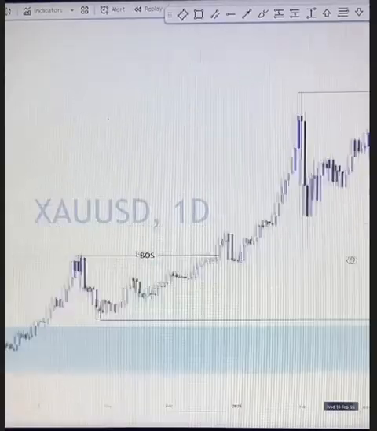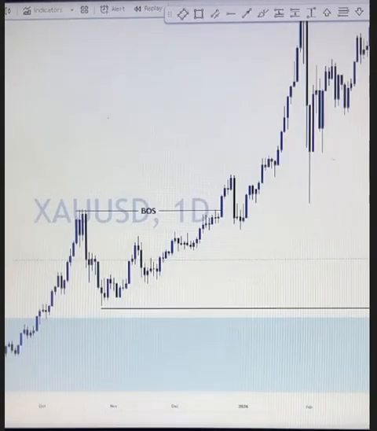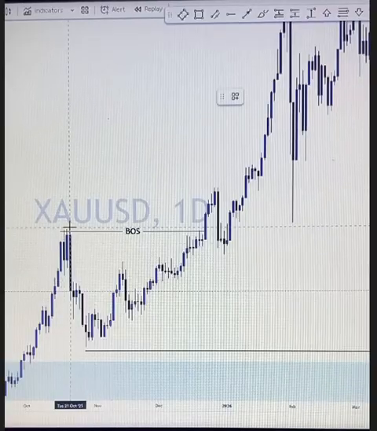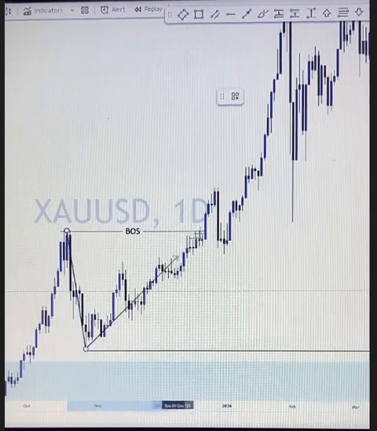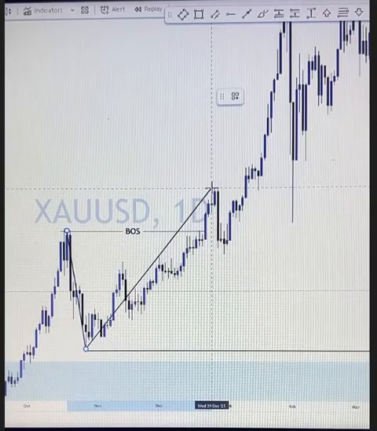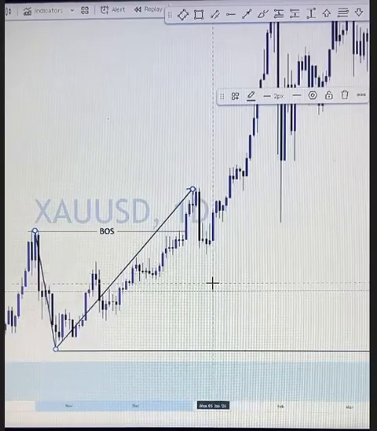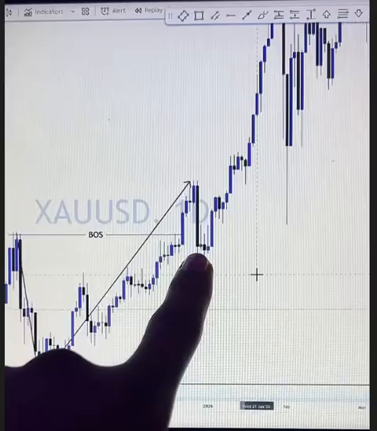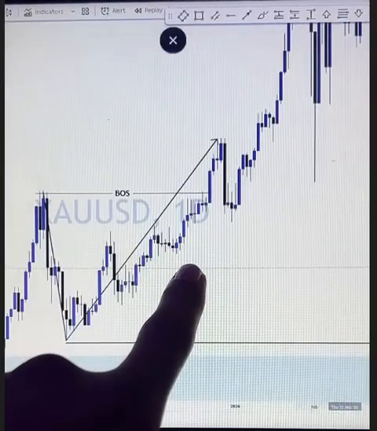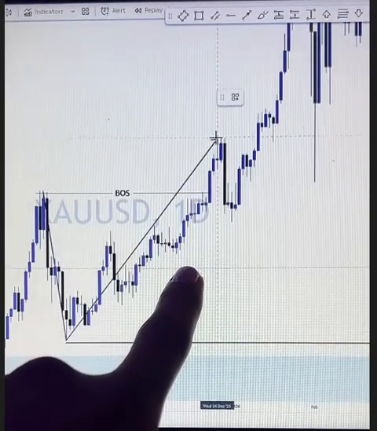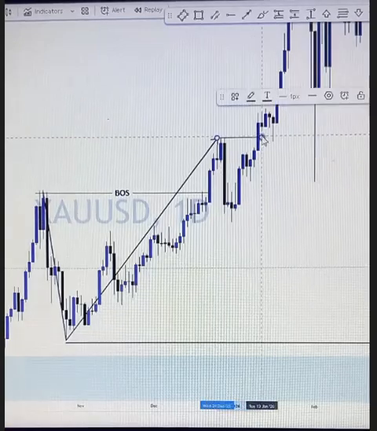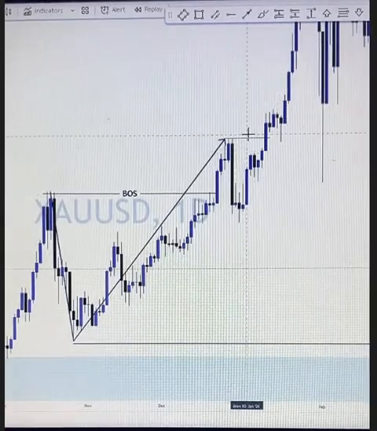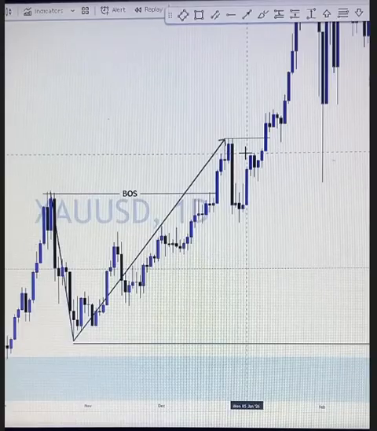All right, for the benefit of those joining us afresh, we had this breakout here. But if you observe, we did not use this as our swing high. Can anybody tell me why we did not consider this high as our breakout high?